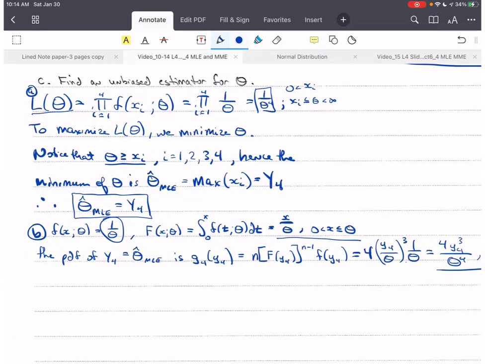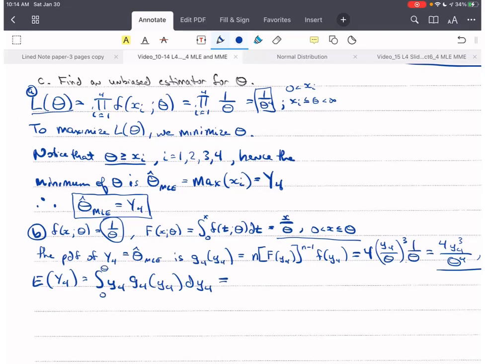So we need that in order to do the expected value. So we need the expected value of y4, which is equal to the integral of y4 times g4 of y4 dy4, and this will be from 0 to theta because it's over the whole range.